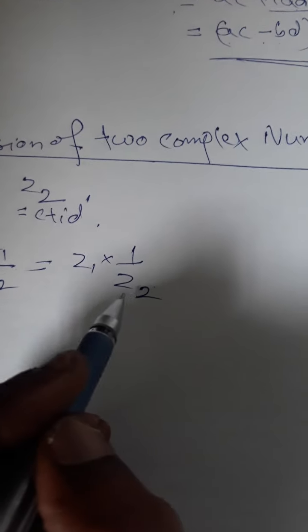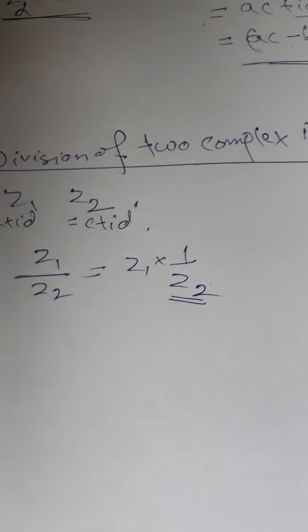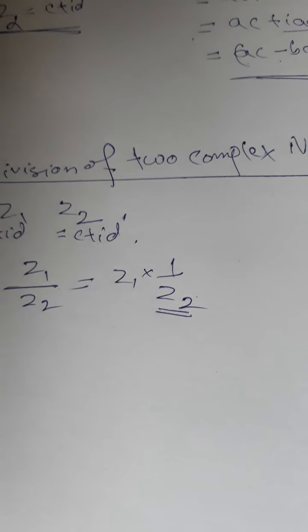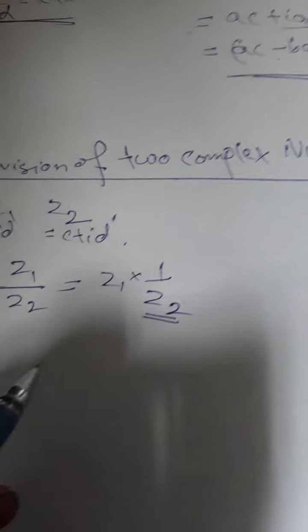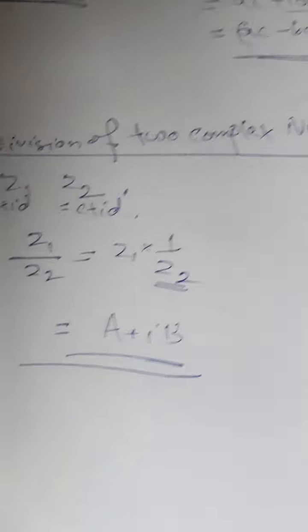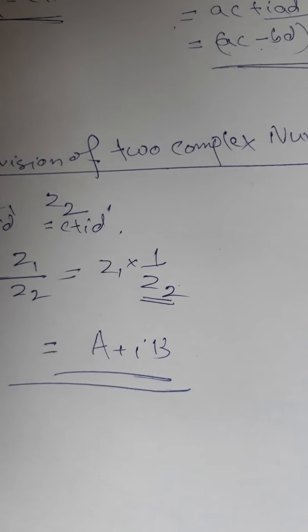So the complex number which is there in the denominator is rationalized, and then we will be bringing it in the form of a plus ib. So when I take the problems based on that, I will be dealing with it.